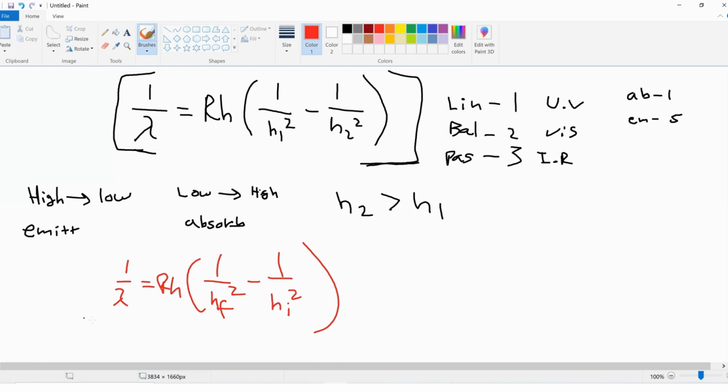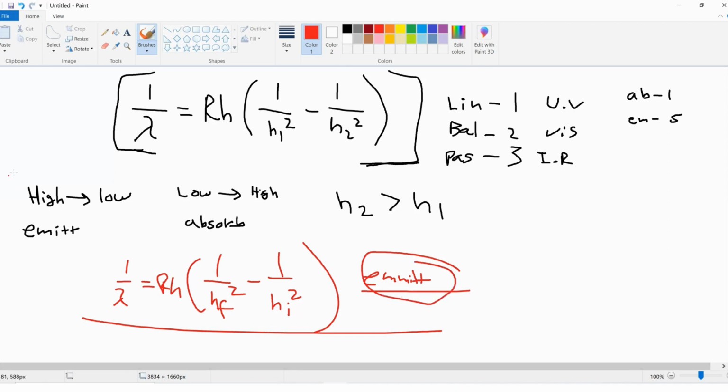And if you do this, most of the time it works, but this only works when you're emitting. Oh, misspelled emitting. Yeah, this mostly works when you're emitting. Why? Because when you emit something, you go from high to low, high to low, correct?